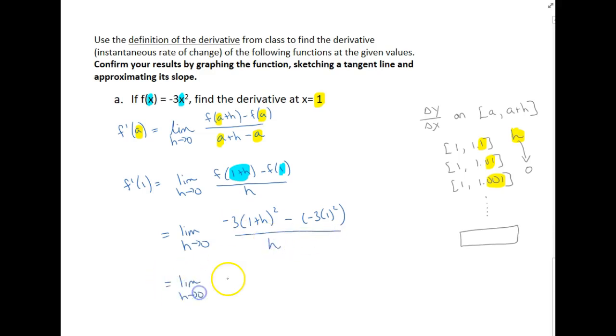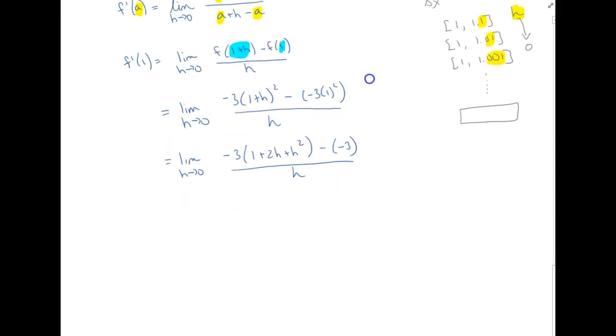The next couple of steps are simplifying steps. I'll open up these expressions and combine like terms. So I get 1 plus 2h plus h squared as the square of the binomial, and all over h.